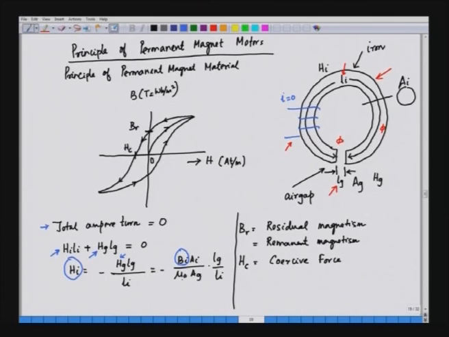Mu naught is a constant. So, this quantity is basically positive. So, what we have seen in this case is that Hi is equal to minus of Bi into some constant, say for example k. It means the sign of Bi and the sign of Hi are opposite to each other, all right.